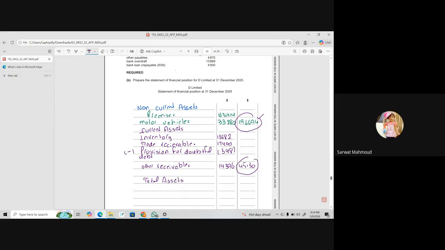I don't have a calculator right now. Well, let me just calculate. I have the calculator.